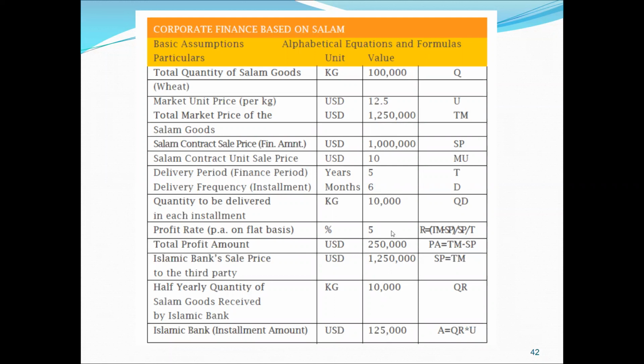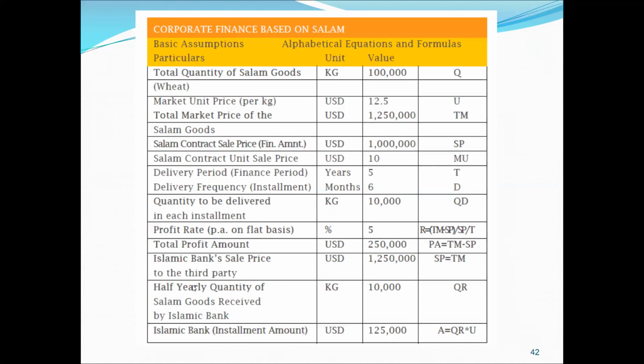So how do they calculate it? It's 5%, because the market price is 12 and a half, and the salam contract unit sale price, you pay $10, $2.50 for 10,000. So in total, you're going to earn $250,000, which for 5 years is a 5% annual rate.